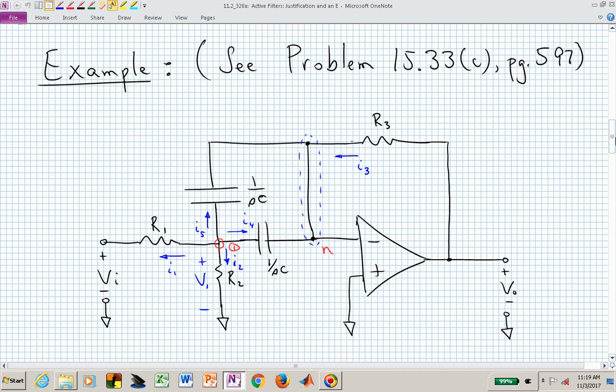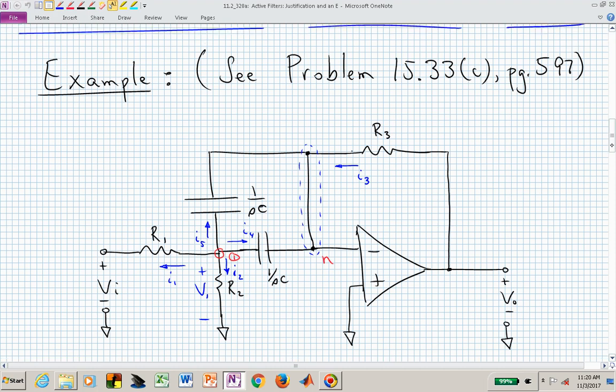It's connected in a negative feedback configuration: resistor R sub 3 connects the output signal back to the inverting terminal of our op amp. That provides us with negative feedback, which tries to force the voltage between the inverting and non-inverting terminals to 0, and so we effectively have a virtual short between the inverting and non-inverting inputs in terms of voltage drop.